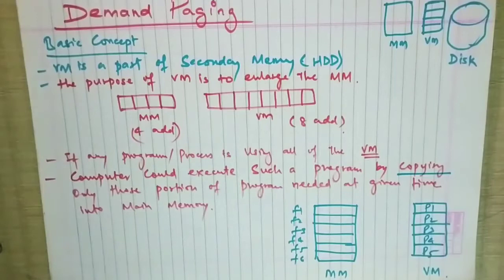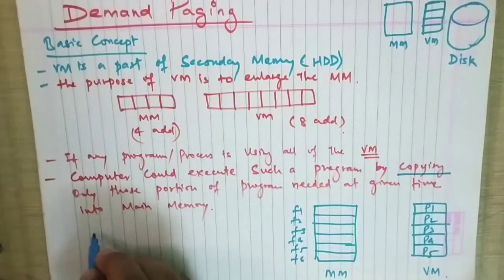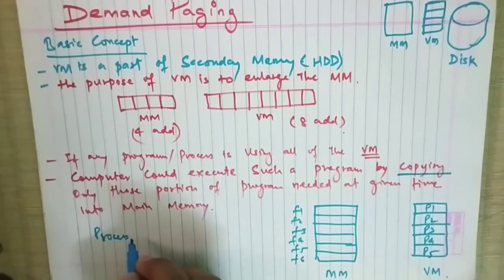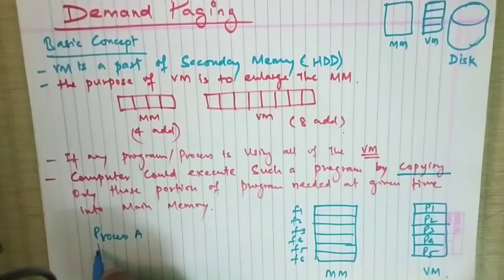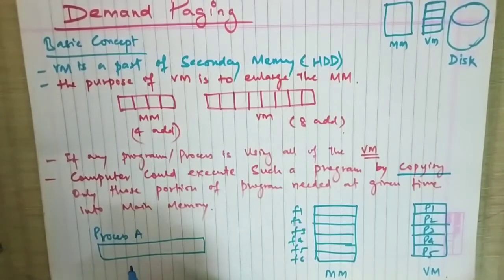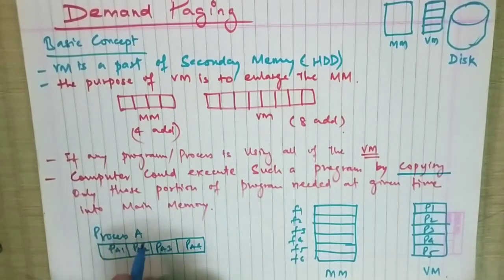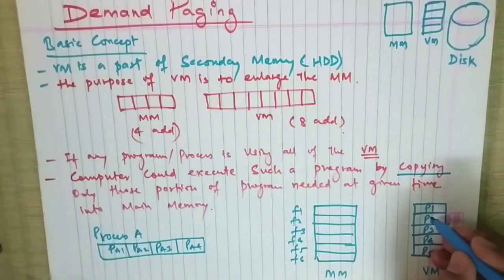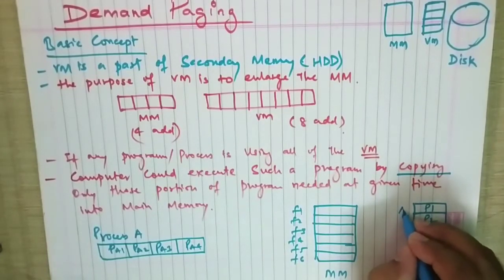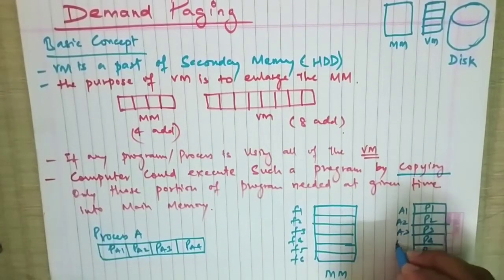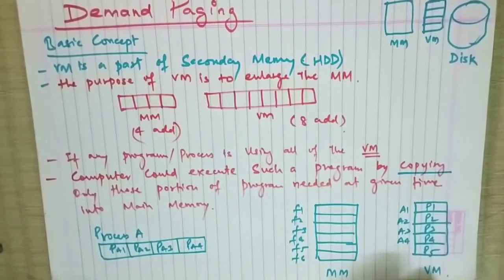I have a process, process A, and I divide it into 4 pages: PA1, PA2, PA3 and PA4, denoting the first, second, third and fourth pages of process A. I keep PA1, PA2, PA3 and PA4 in the virtual memory.